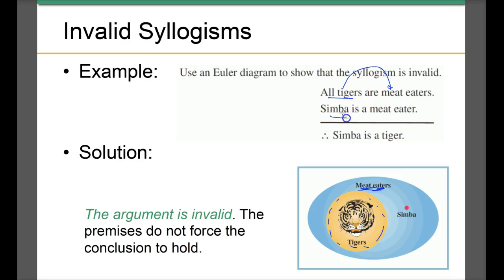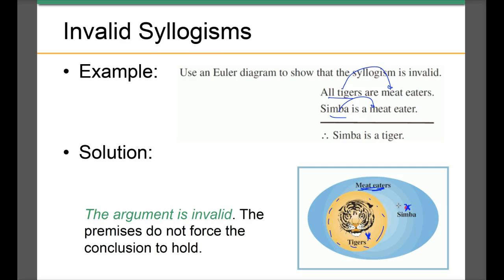And we're saying that Simba is a meat eater. So where are some possibilities for Simba to be? Well, Simba could be here. He could be a tiger and a meat eater, or Simba could be here, let's say among other things that eat meat.